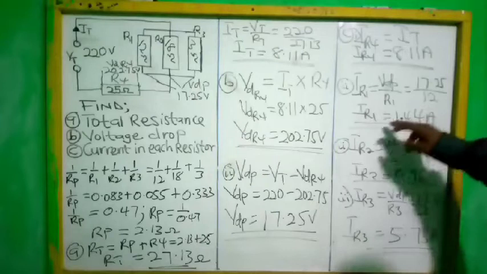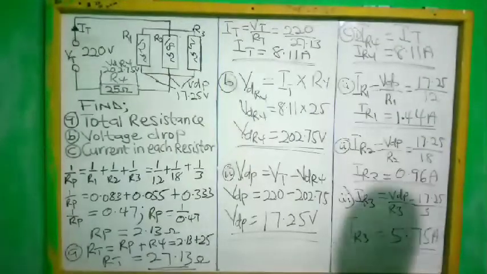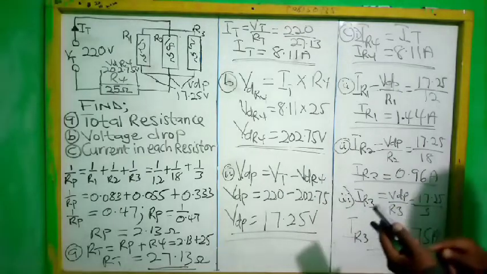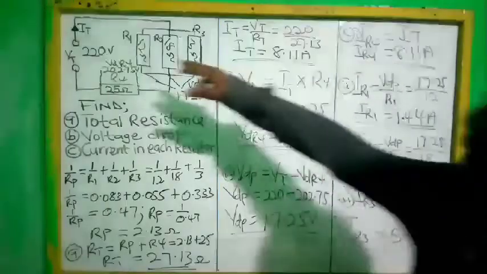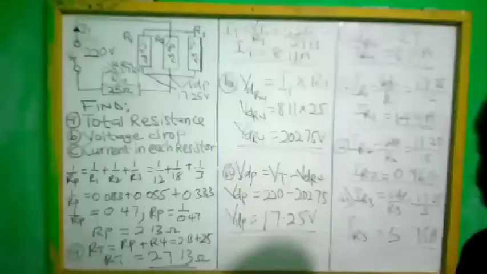So when you add the current that flows in R1, the current that flows in R2, and the current that flows in R3, let's do it and see what we have. You have the same as the total current, which is the same amount of current that flows in R4.